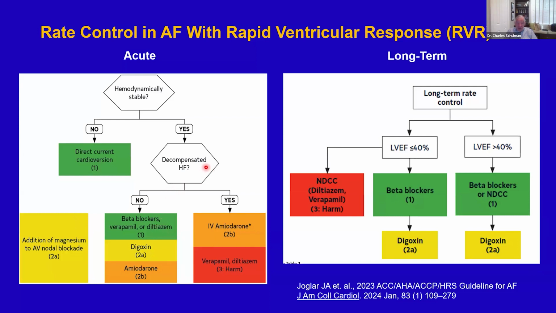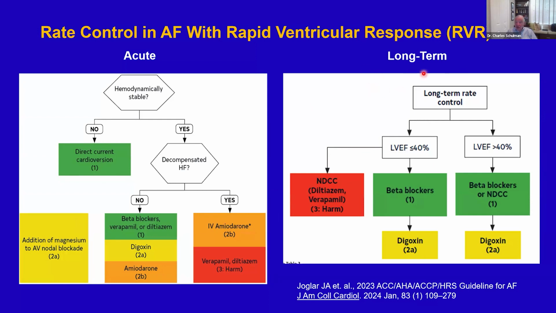If the patient has decompensated heart failure, amiodarone is preferred, although with a class 2B indication. And verapamil and diltiazem are contraindicated because they are myocardial depressants.